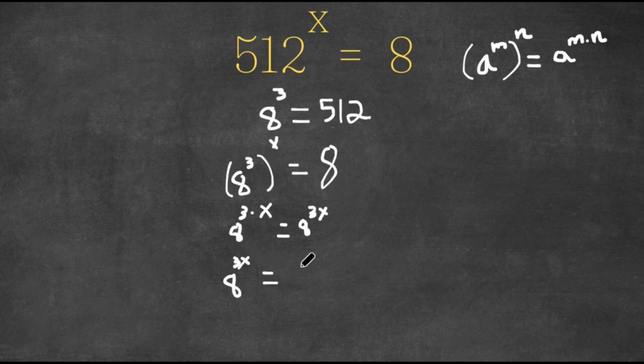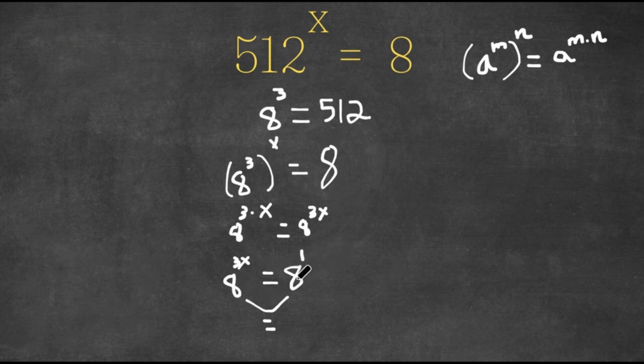So now we have 8 to the power of 3x equals 8. And now if you notice, our two bases here are the same, meaning because our two bases are the same, our two exponents have to be the same as well. And the exponent for 8 is actually just 1, because 8 to the power of 1 is equal to 8.